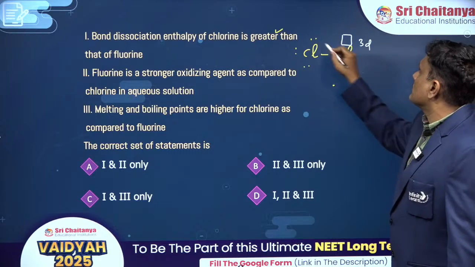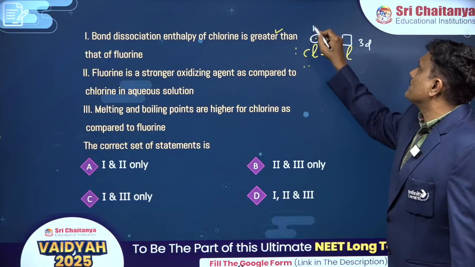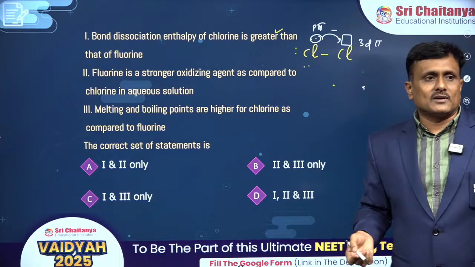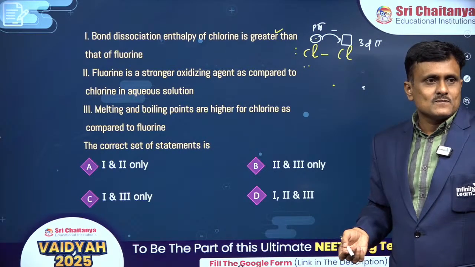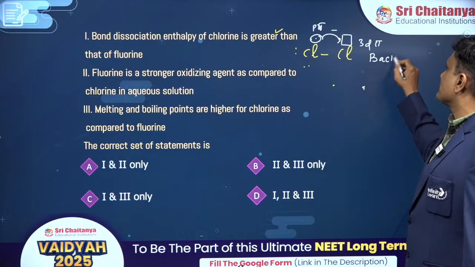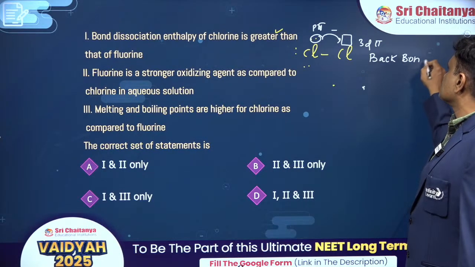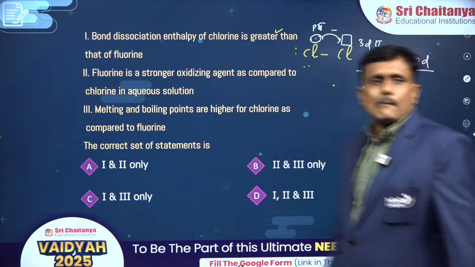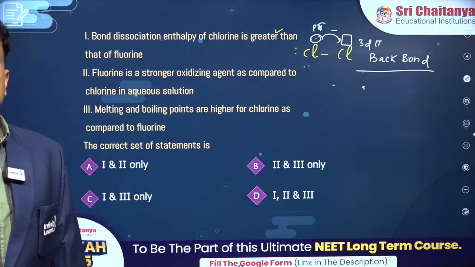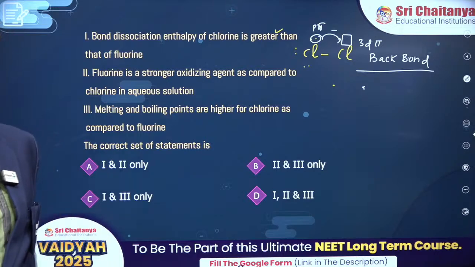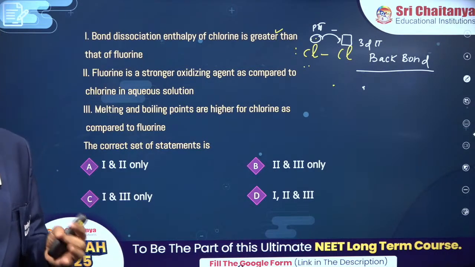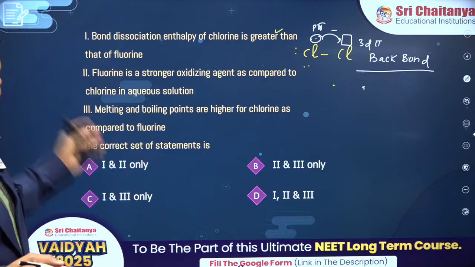So what they form is p pi d pi back bonding. Maybe this is the reason why the bonds are assumed to be stronger in chlorine. There is back bonding in Cl2. Bonds are stronger than fluorine.